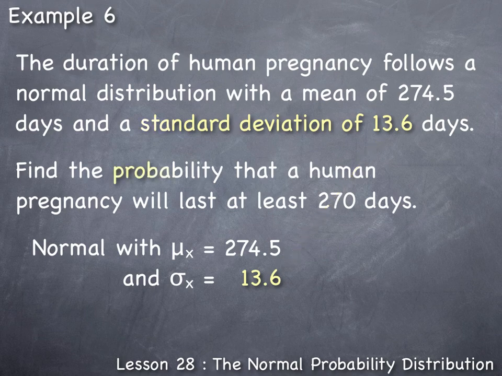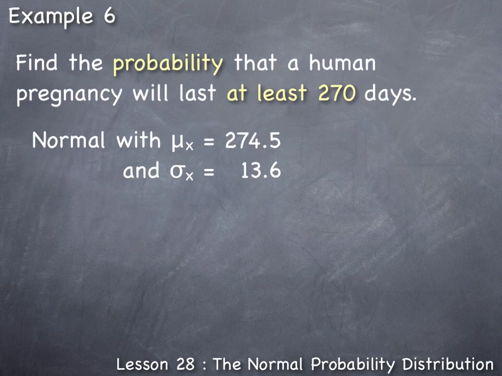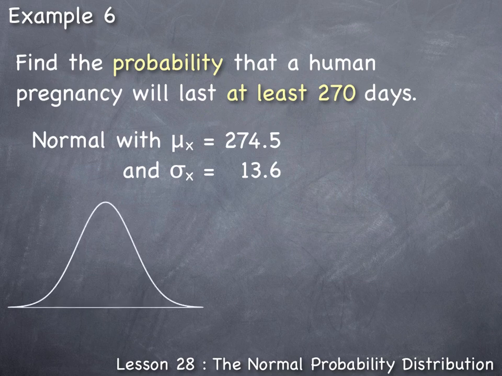So now we could use these values to calculate the probability that a human pregnancy will last at least 270 days. It's normally distributed, so it follows the normal bell-shaped curve. At least 270 days means at the lowest, it's 270, or it could be anything higher.